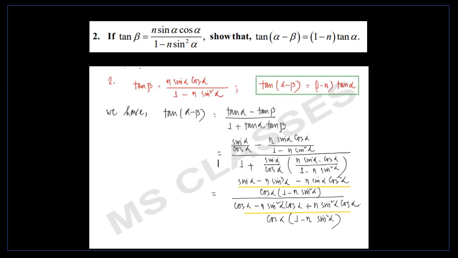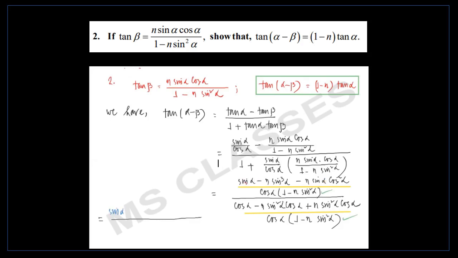Now here also you can see this and this cancel. These two are getting cancelled, exactly whatever we have done in the previous sum. Now the next part: in the numerator, we keep sin alpha as it is.